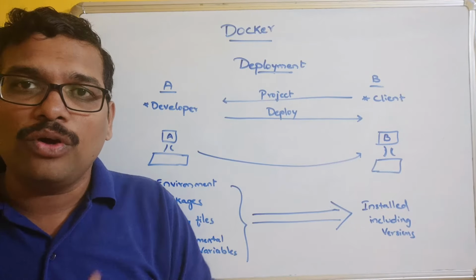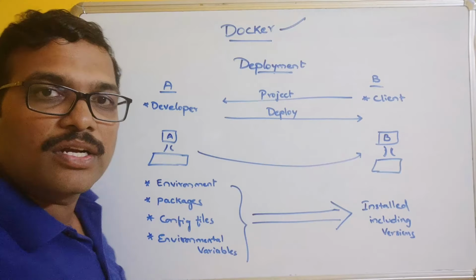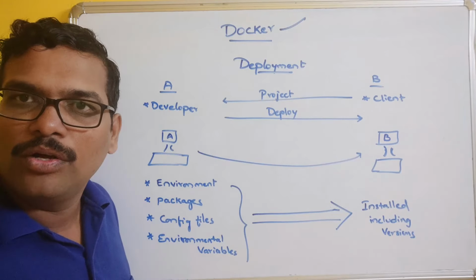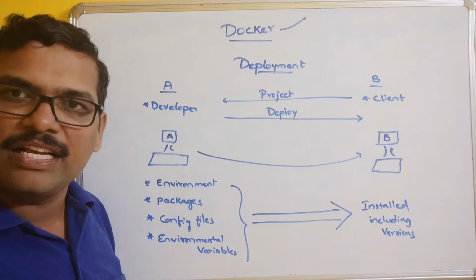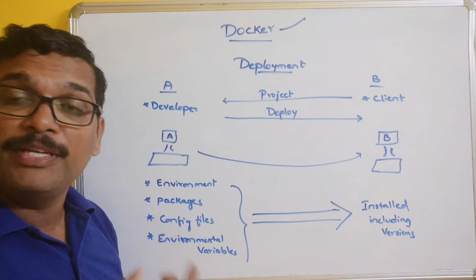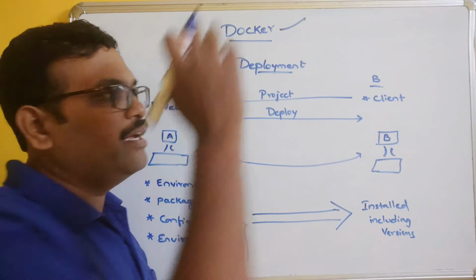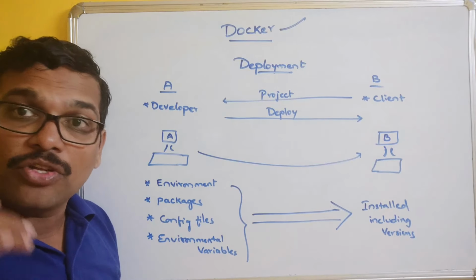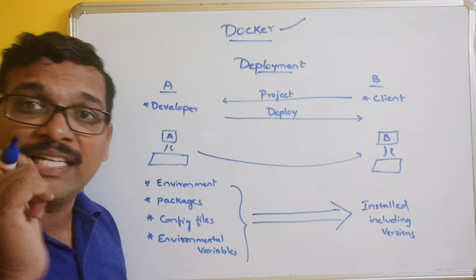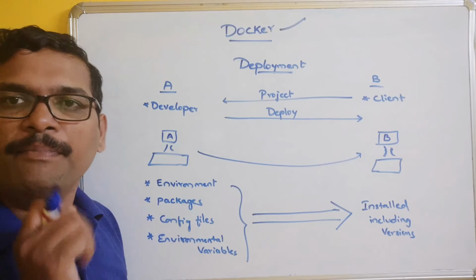And in order to solve this problem, we have a tool called Docker. Docker is a tool which packs all the related information regarding the application, and it is saved as an image, so that the image can be executed in the production system of any environment, so that the project can run consistently in any environment with the help of this Docker image.